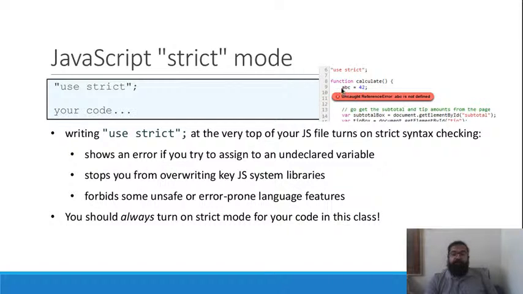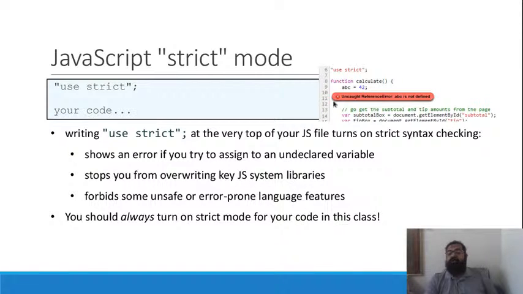So when you turn on strict syntax checking by using use strict, it will show you an error when you try to assign some value to an undeclared variable, and it stops you from overwriting key JavaScript system libraries.